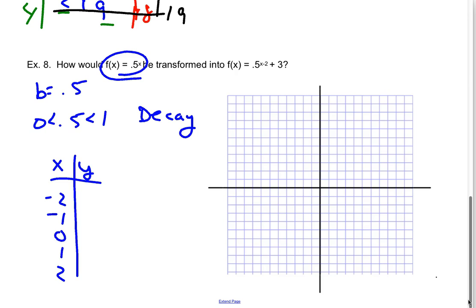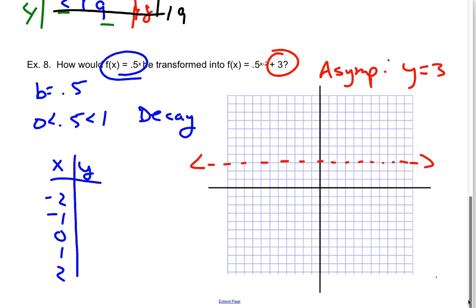Again, you might want to look to see if there's anything that's going to move your asymptote. The asymptote starts here, but gets moved up because of the +3. So there's my asymptote right in there. Asymptote y equals 3.